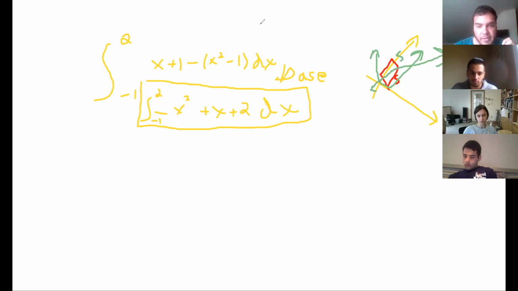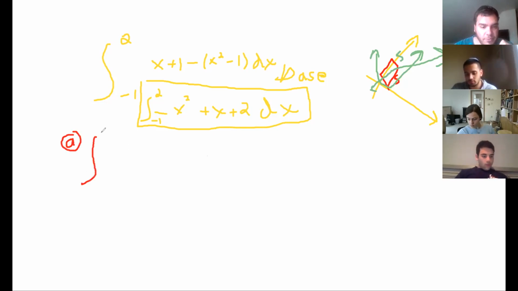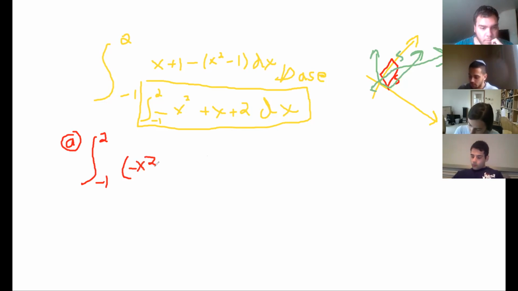So for A, and I'll do it in red, it's simply going to be the integral from 2 to -1 of parentheses negative x squared plus x plus 2, squared, dx.